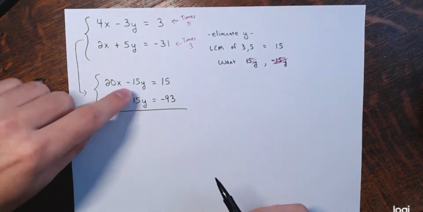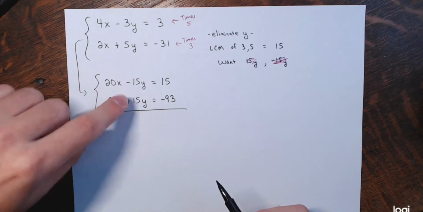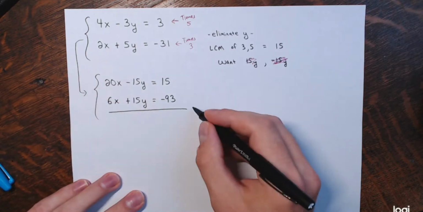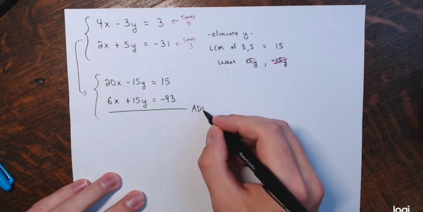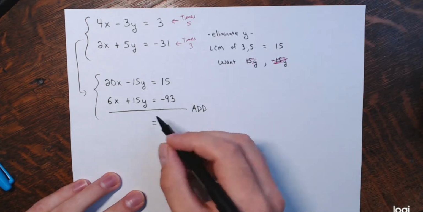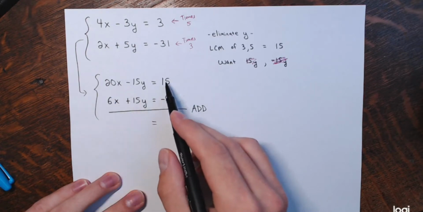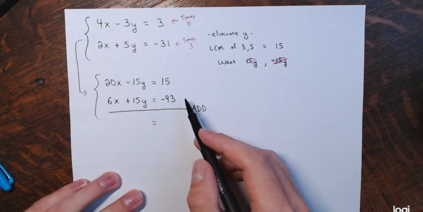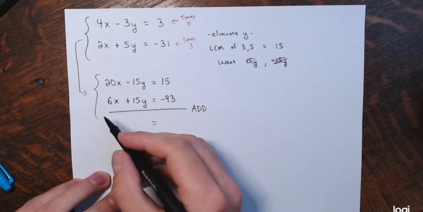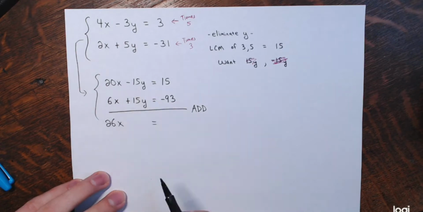Alright, now that the coefficients of y here are opposites, one's positive 15, one's negative 15, adding the equations together will eliminate y. So I add the sides. You can line up the equal sign here, combine the terms on the left, combine the terms on the right. So I'd have 26x. The y's would disappear. It'd be 0y.